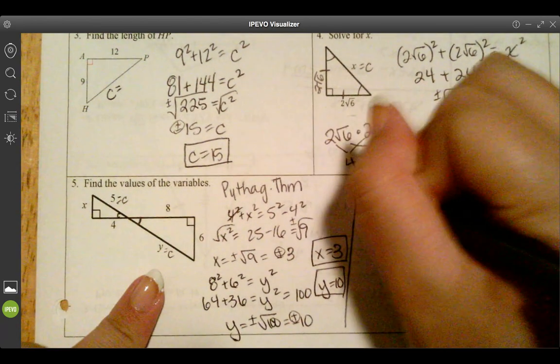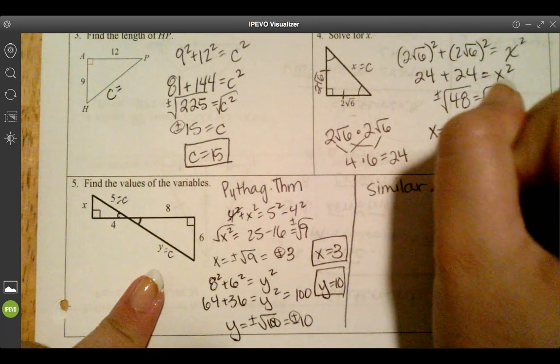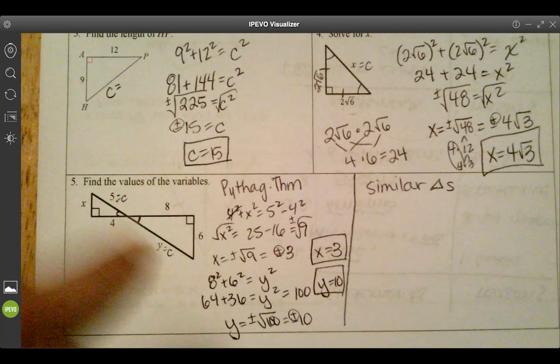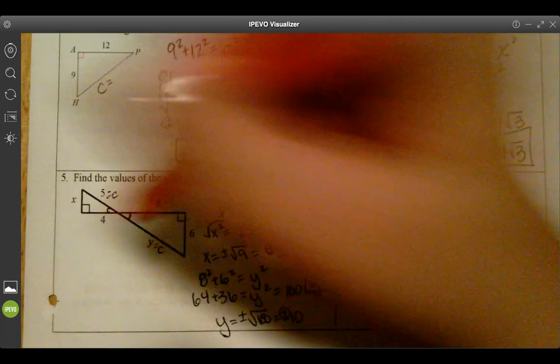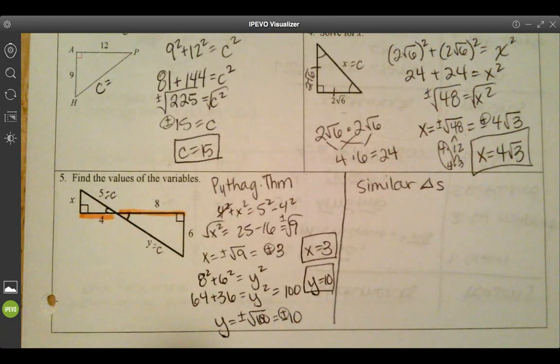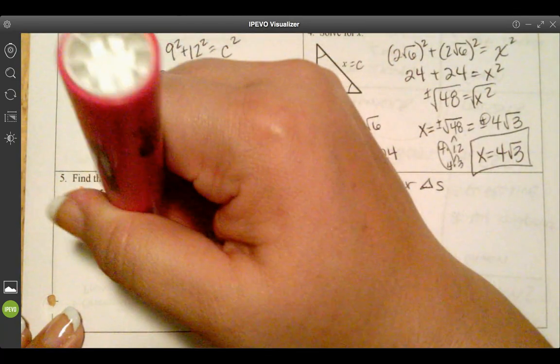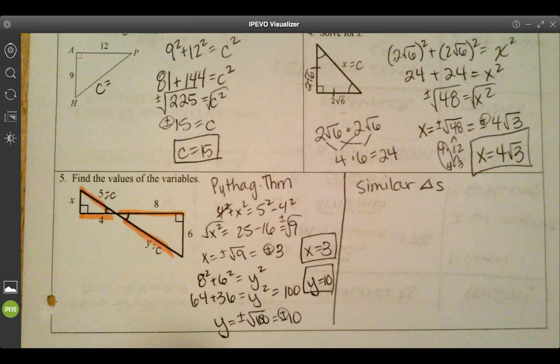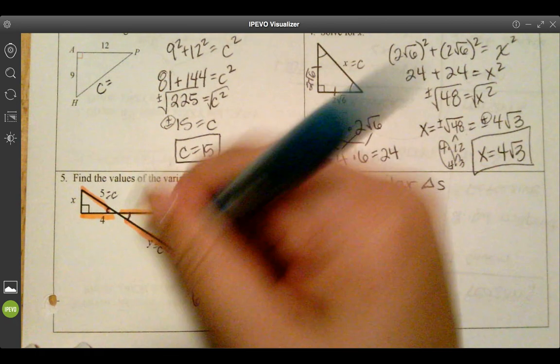Second method is with similar triangles. I'll use my colors for this. The side between the two known angles, the hypotenuse of each triangle, and the other leg.